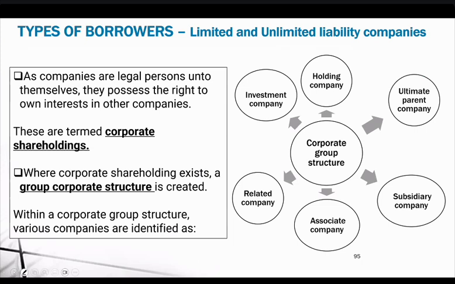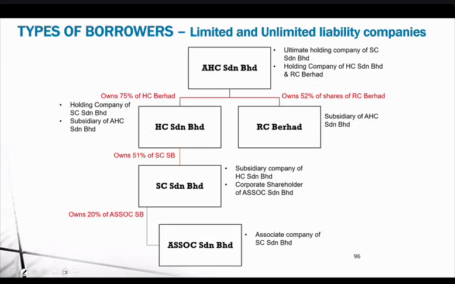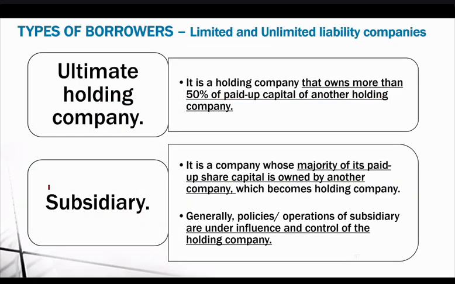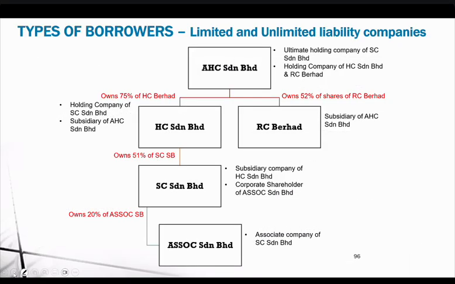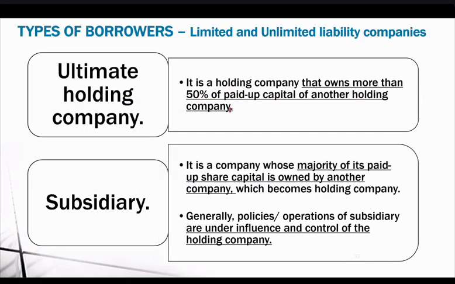Now, let's go over here in terms of the corporate group structure. They're going to test you on some basic understanding here in terms of group structure. So we have over here in this slide, this one is slide number 97, yeah. A holding company is where they own more than 50%.